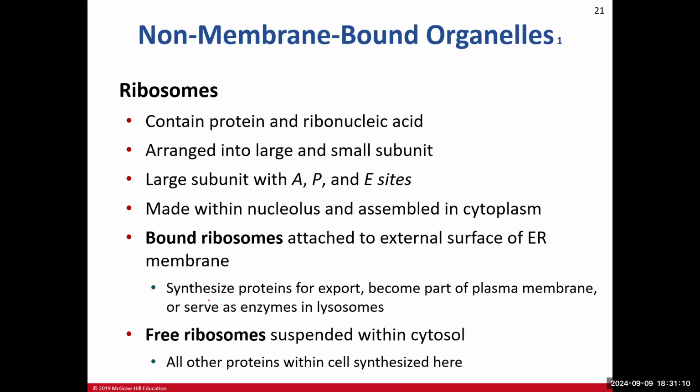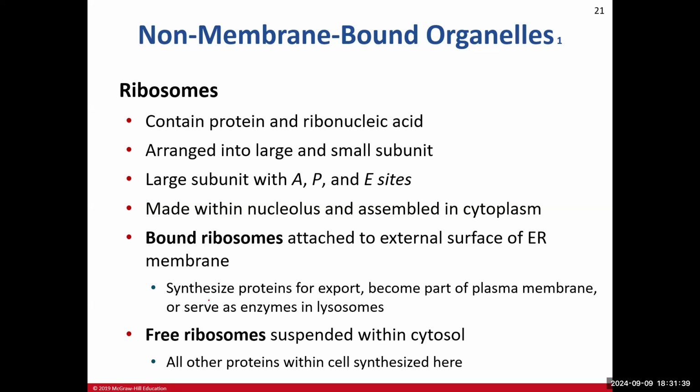All right, let's switch over and talk about the non-membrane bound organelles, the ribosomes. The ribosomes are made inside of the nucleolus, which is a small structure that lives inside of the nucleus. They're made there, exported into the nucleus, and then eventually they leave the nucleus through the nuclear pores and reside out in the cytoplasm.